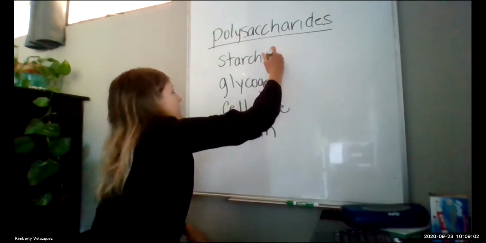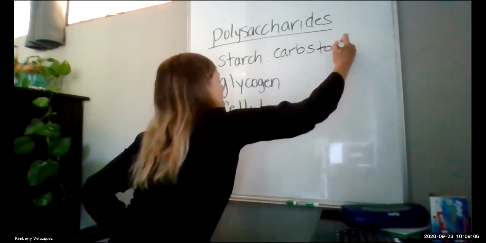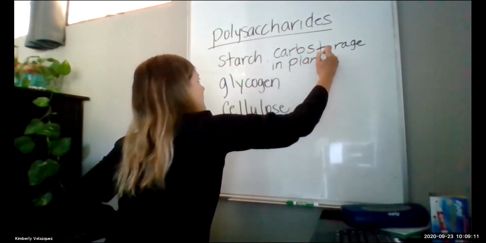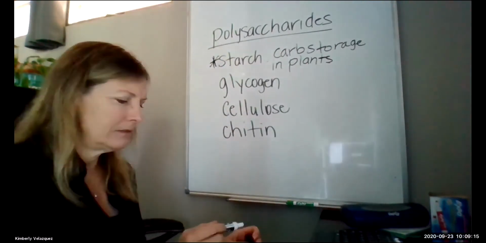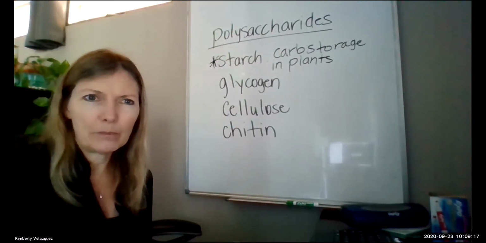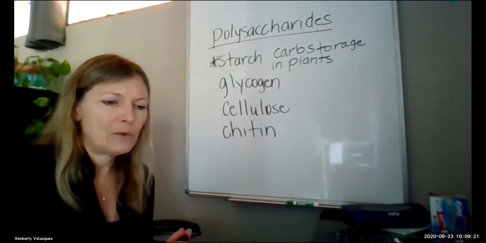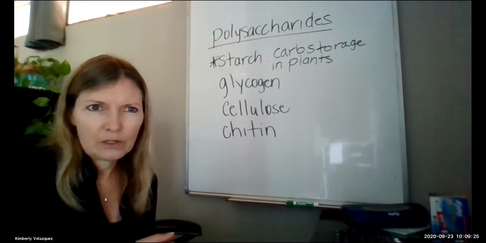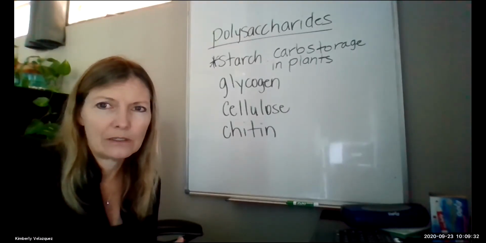So this is carb storage in plants. And this is the main form of sugar that we eat. As you know, some plant products are higher in starch than others. If you eat a potato, that's almost pure starch. That is a structure that the plant uses specifically for storing carbohydrates.